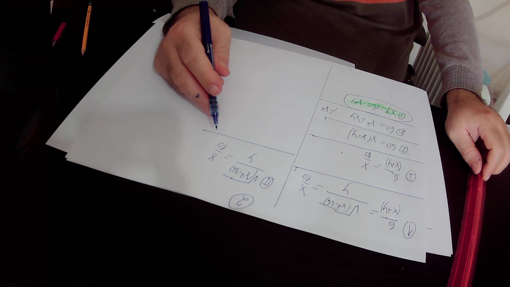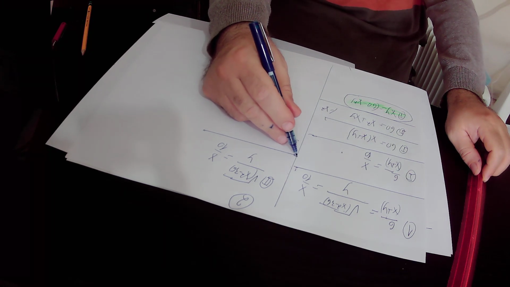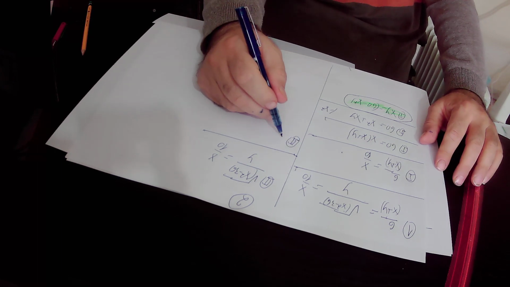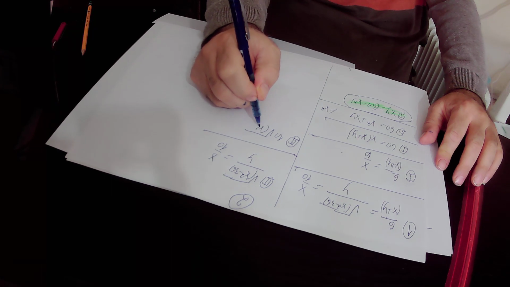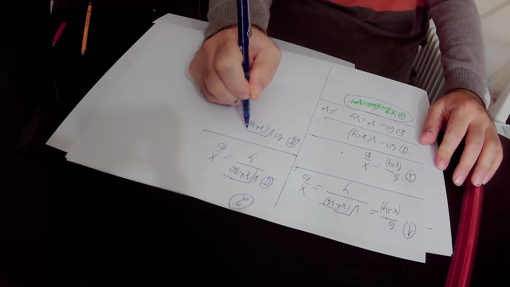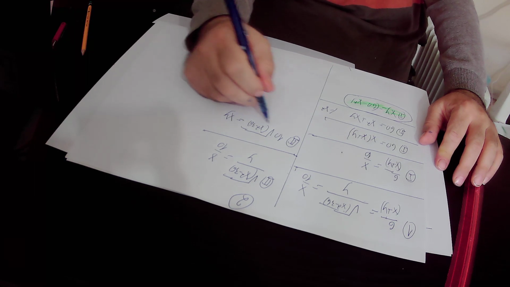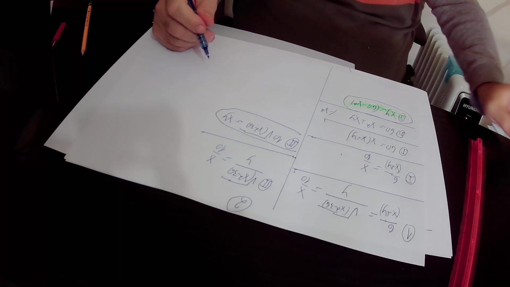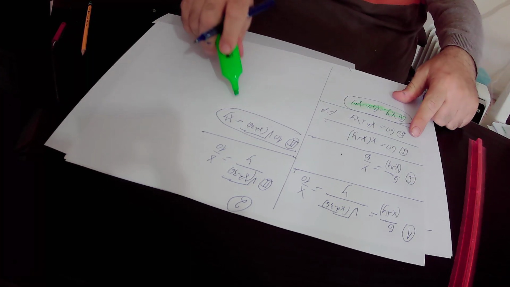We will cross multiply equation number 2, and we get that according to equation number 2, 10 times square root of x squared minus 36 is equal to xy. So we have a second expression for the value of xy.